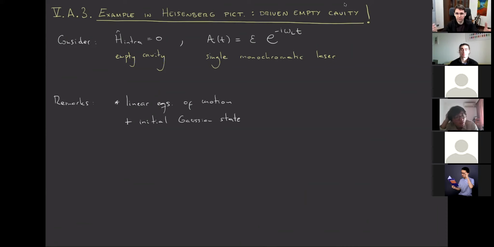So the initial state is Gaussian, and we have linear equations. Then the state inside the cavity is going to remain Gaussian at all times.